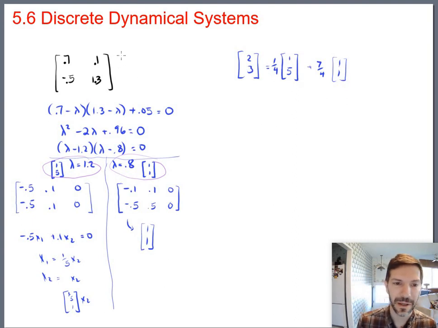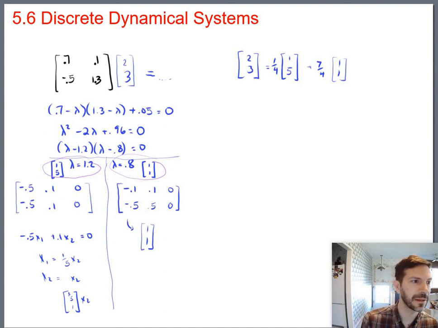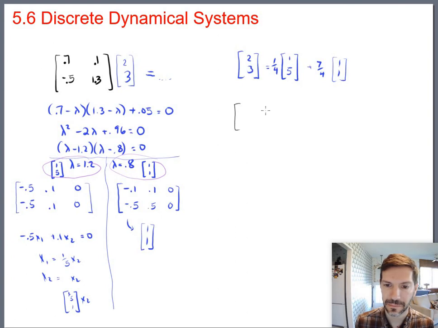So now, instead of multiplying this by 2, 3, and going on from there, I'm going to multiply it instead by this combination of the eigenvectors, which still does make the same starting condition.